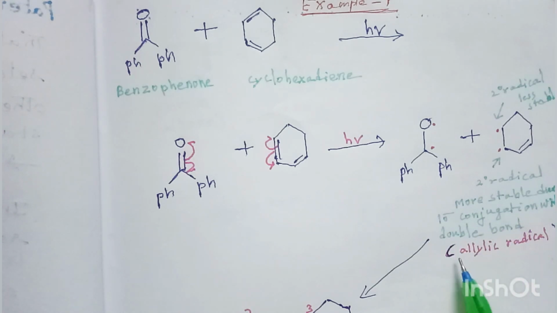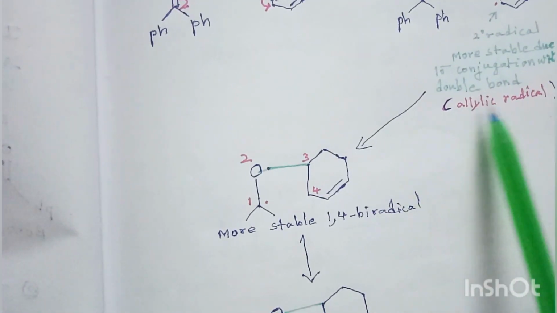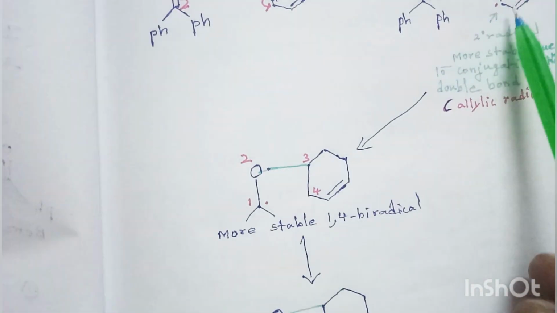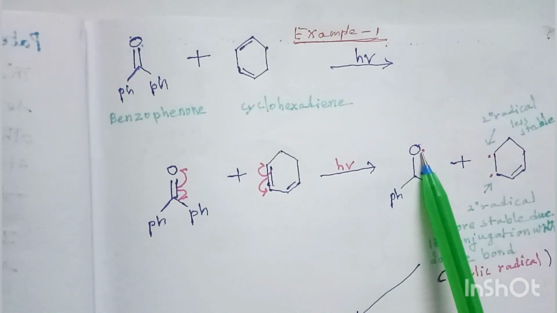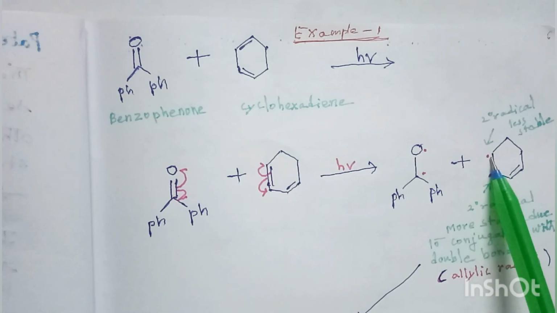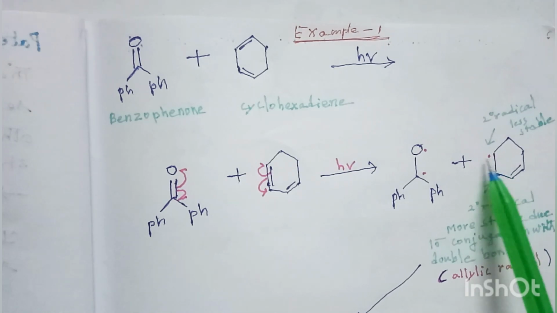That is, it is an allylic radical. Always remember, allylic radicals are very stable. So, oxygen radical is less stable and this radical is less stable. So, these two radicals will join together to form a bond.